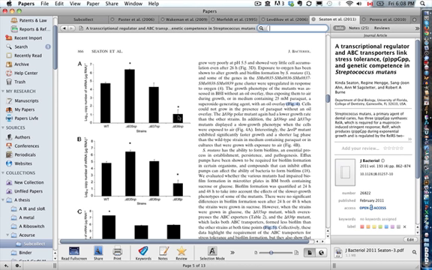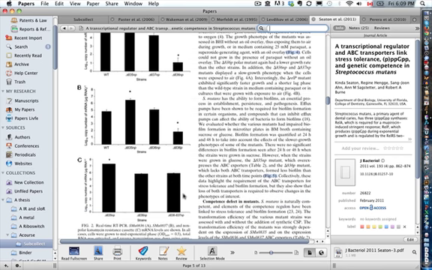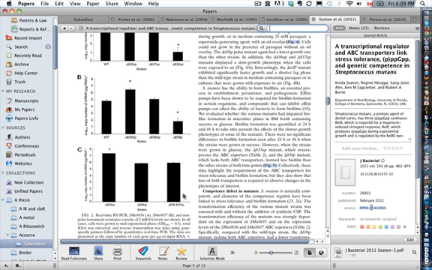In A. In B, they're looking at 837. That gene is low for the 836 gene. But 835 is highly upregulated. And in the mutant and the transporters, 835 is upregulated?